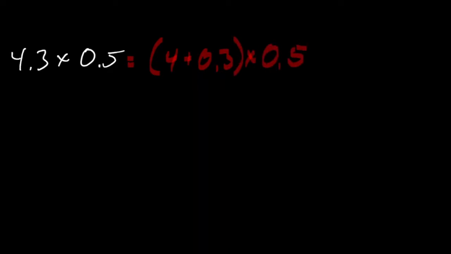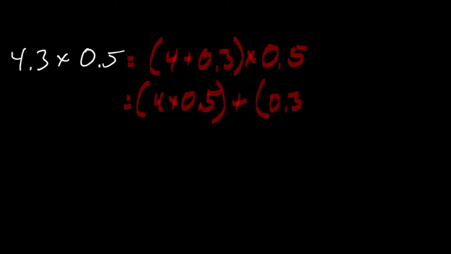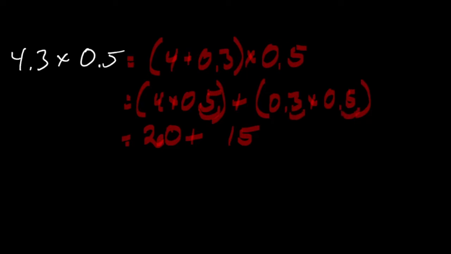Now I rewrite my problem with 5/10 multiplying by both of those numbers. Okay, and now I can just multiply it out. So this is 20, I have 1 decimal place, and this is 15, and I have 2 decimal places, and now I can add these back together.